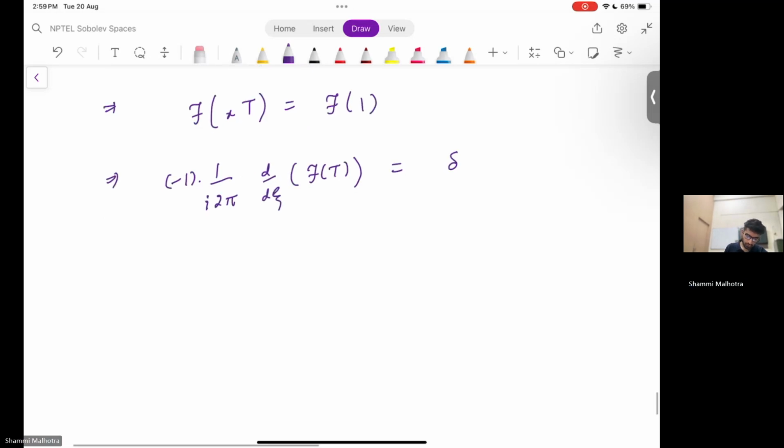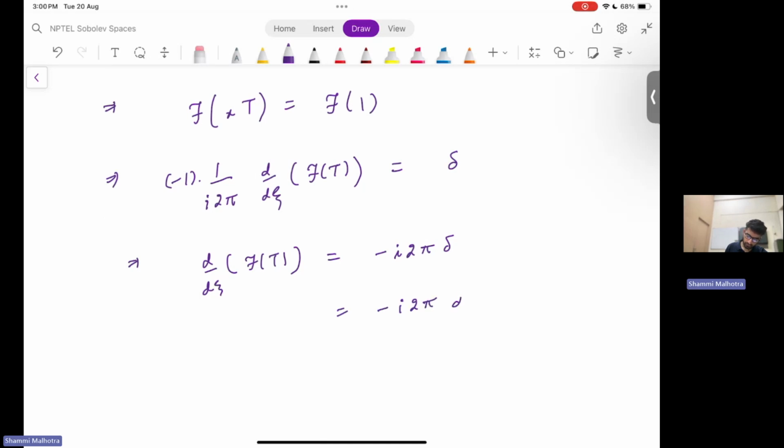Now, what can we write this as? This is d by dy of the Fourier transformation of T, and this is nothing but minus 2 pi i delta. But the Dirac delta at 0 is nothing but the derivative of the Heaviside function.